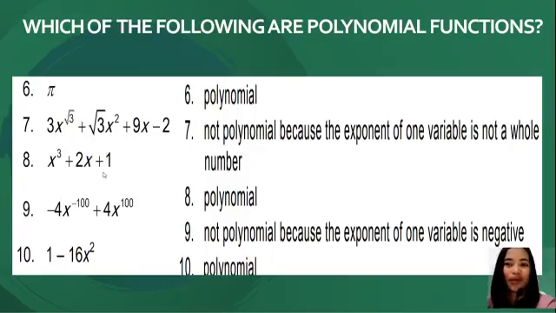We all know that a polynomial must have a positive exponent on the variable. Okay, so let's have number 10. We have 1 minus 16x squared. The variable that we have is x squared, and the exponent of x is a positive 2. Therefore, number 10 is a polynomial.